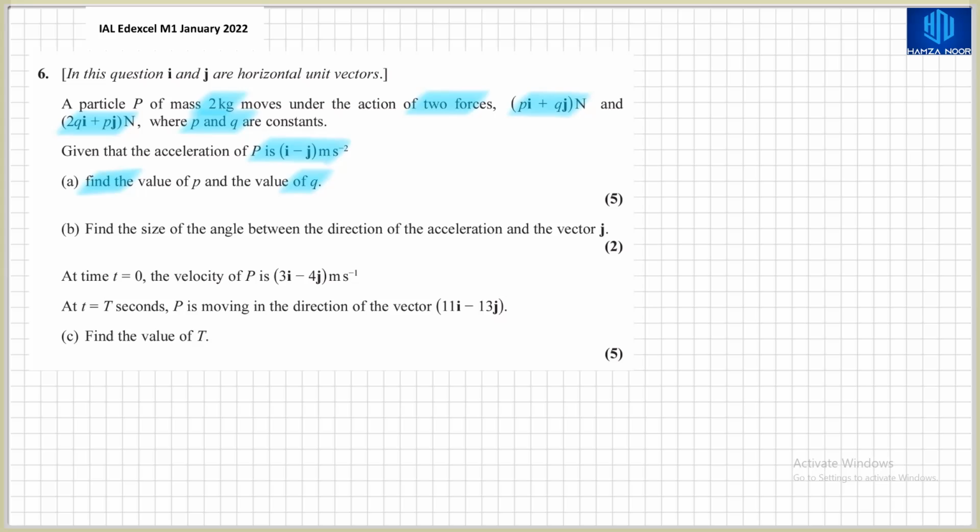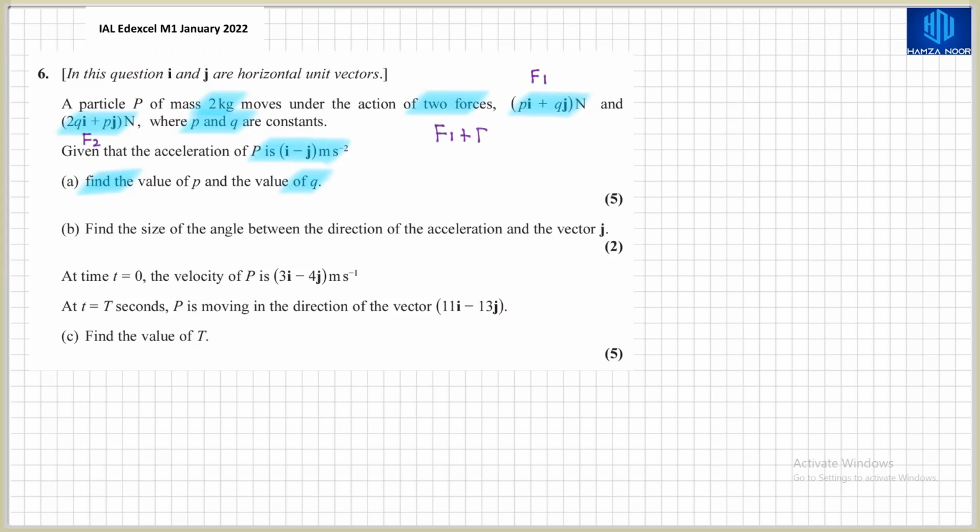Here we are going to apply Newton's second law of motion. We have two forces: one force is pi plus qj, and the other force is 2qi plus pj. The sum of the forces is equal to mass times acceleration.